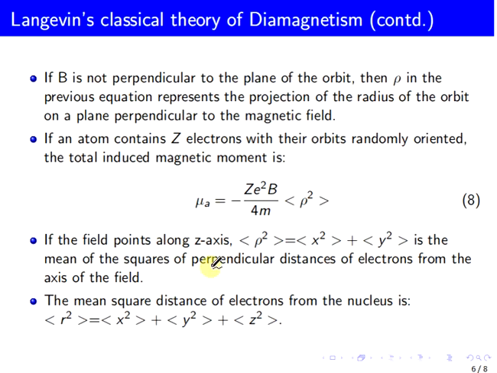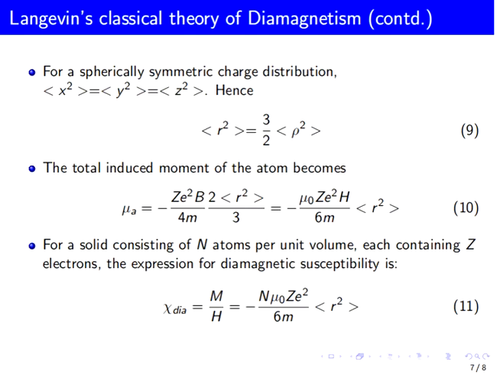In the previous case, we considered electrons revolving about an axis with a radius rho. But now we are considering the mean square distance from the center of the nucleus, so that value will be x squared plus y squared plus z squared.